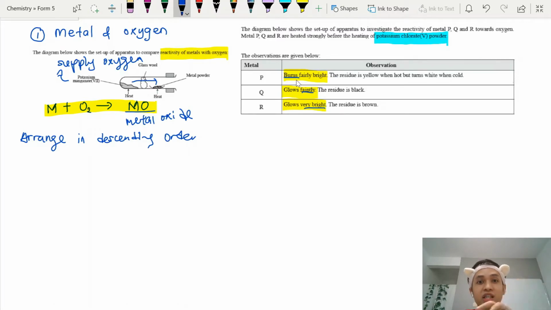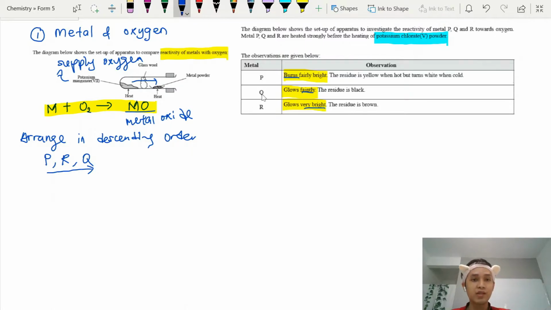So you need to look at the keywords burn, glow. Of course, burn is more reactive. So in descending order, it will be P first, R, and then Q. So P is more electropositive, Q is less electropositive. That is how you arrange.